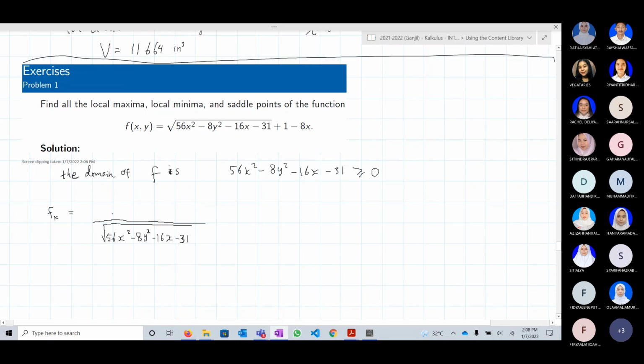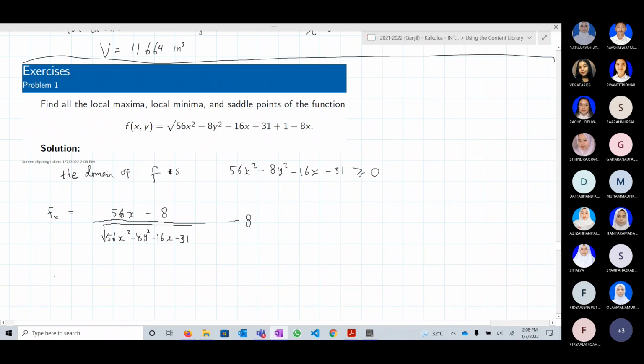So here we have 56x minus 16, so it is minus 8, and then here minus 8.